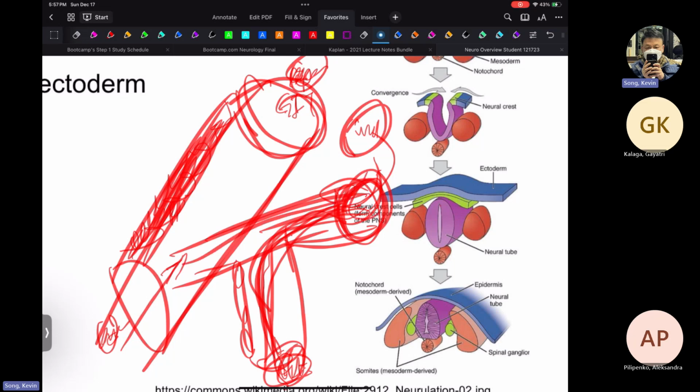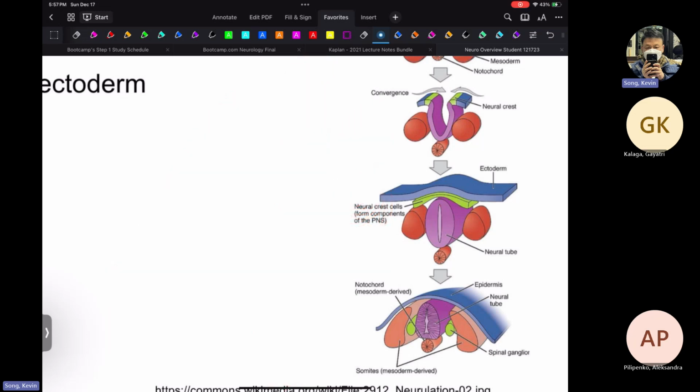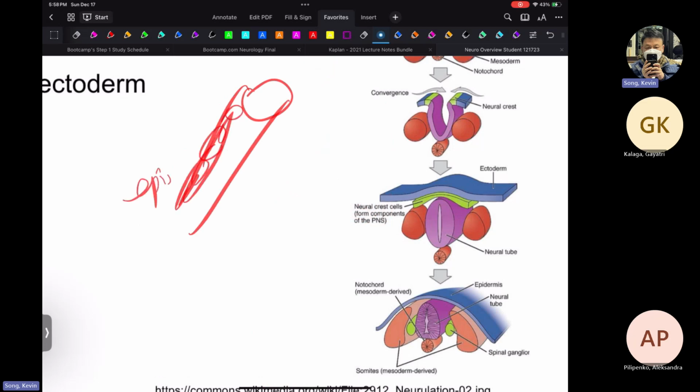Very, very strange. So that's why women are always strange, right? Anyway, the GIT here is epithelial cells, in other words outside, so it's ectoderm. Very understandable, right?